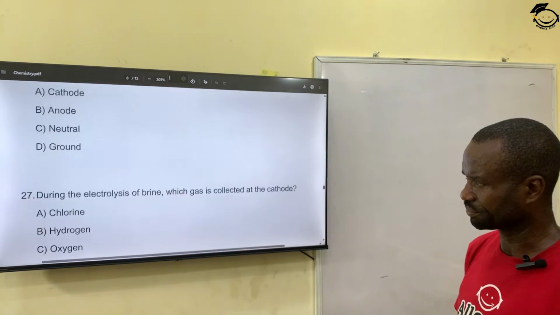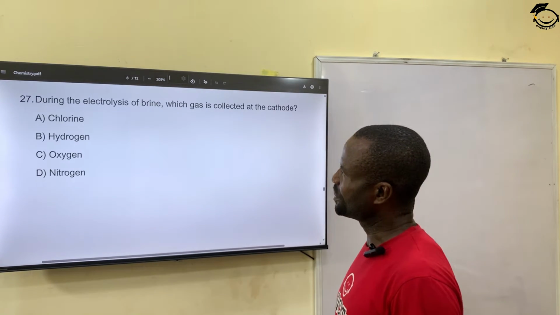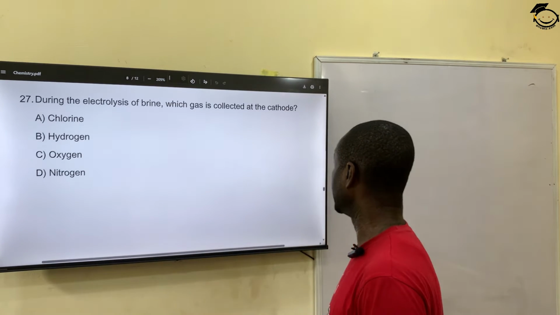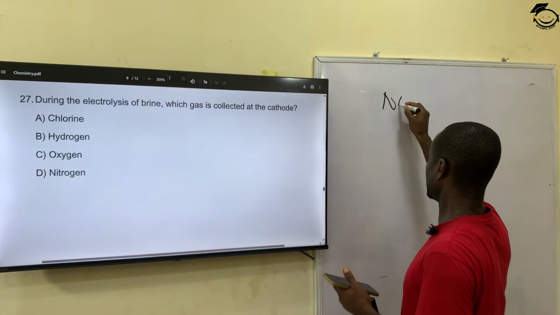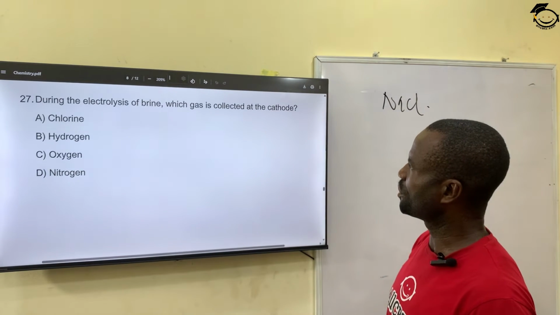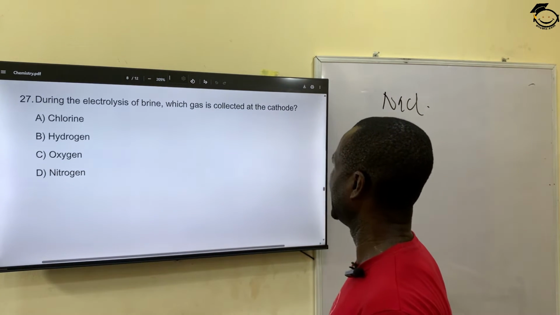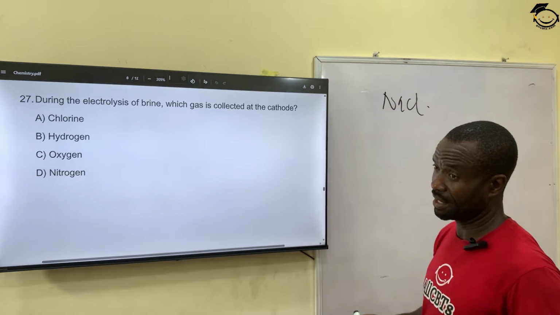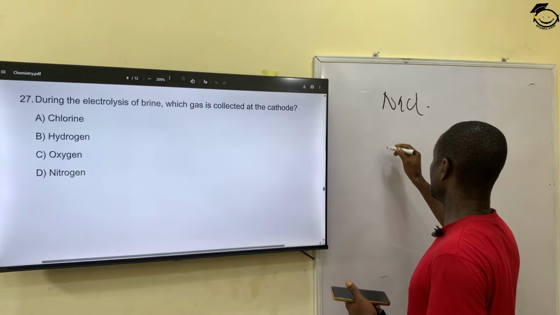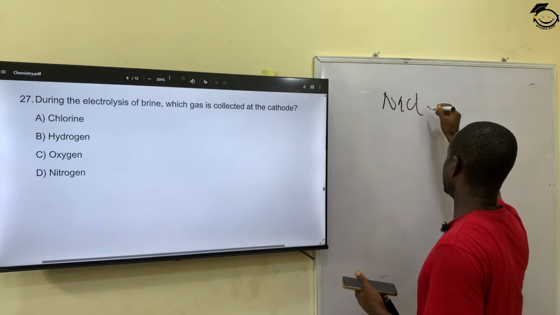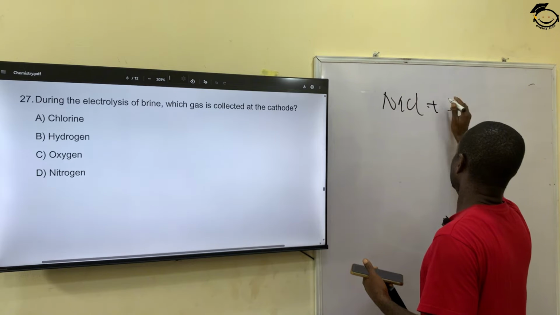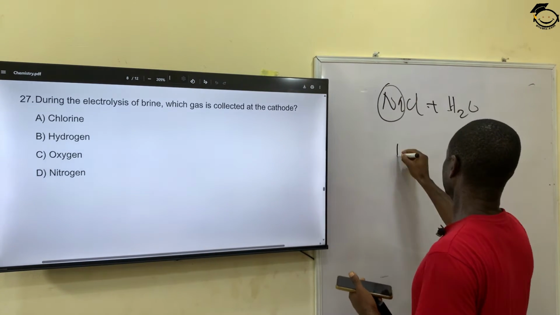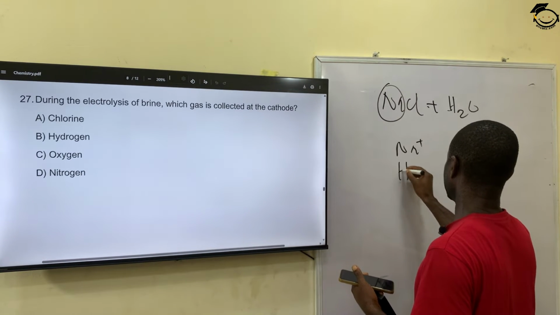Number 27. During the electrolysis of brine, which is sodium chloride, which gas is collected at the cathode? The possible ions are from water and sodium chloride, so the positive ions are sodium ion and hydrogen ion.